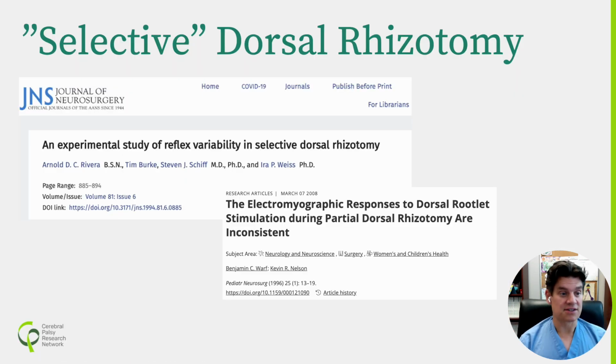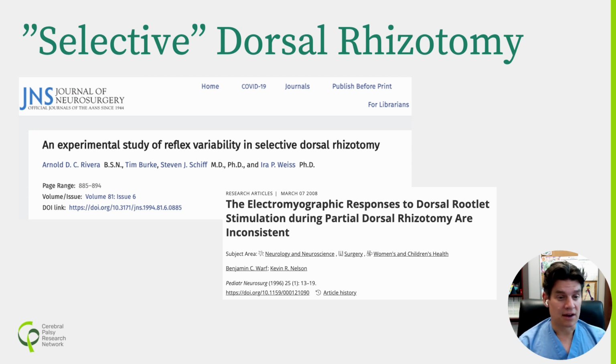In addition, there have been some studies on the various techniques for how a nerve is selected, right? What type of electrical stimulus is used to pick out which nerves are more active, which nerves are less active, and thus picking which nerves should be sectioned in rhizotomy. And there's a tremendous amount of variability in that technique as well.